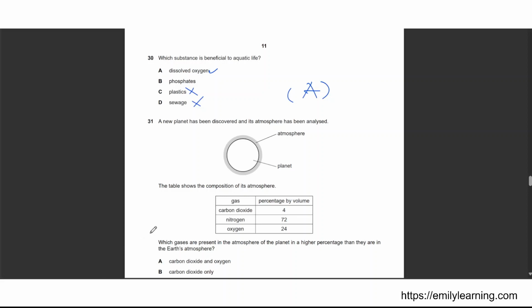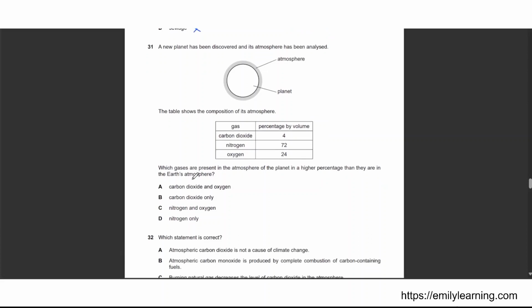Moving on to question 31. A new planet has been discovered and its atmosphere has been analyzed. We know that there's 4% carbon dioxide, 72% nitrogen, 24% oxygen. Which gases are present in the atmosphere of the planet in a higher percentage than they are in the Earth's atmosphere?